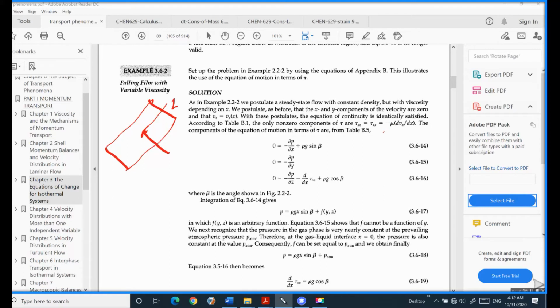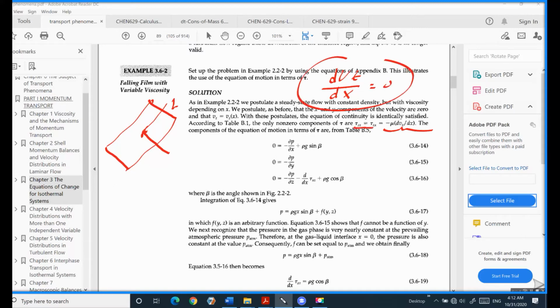It is only going to be that term, because only Vz is going to be dependent on x. We found from the continuity equation that dVz over dz is going to be 0. That's why we write just that term.